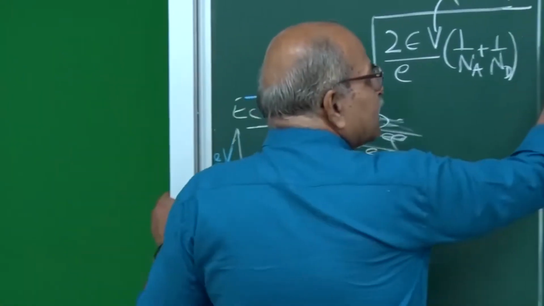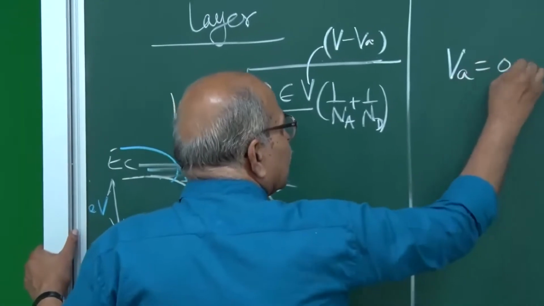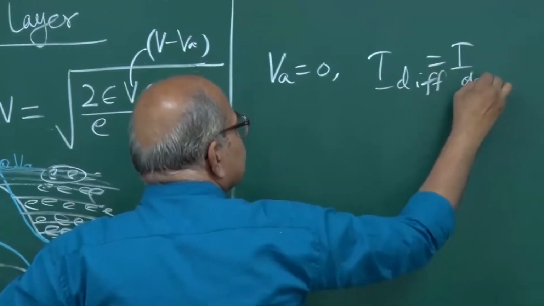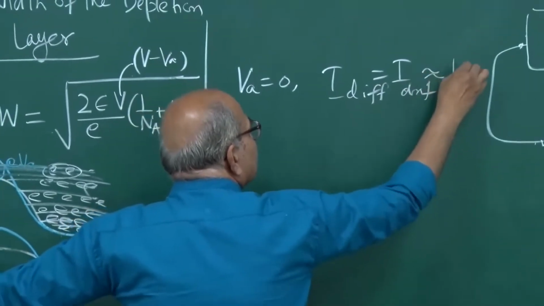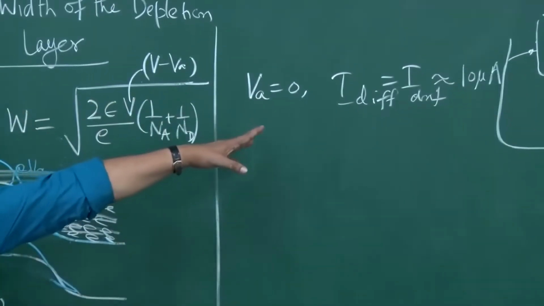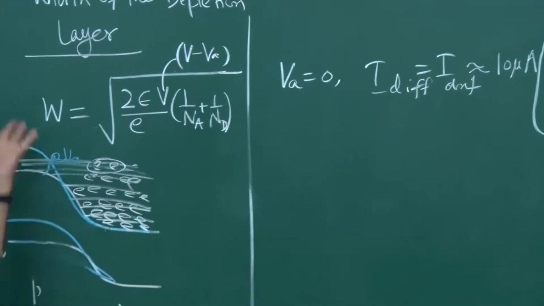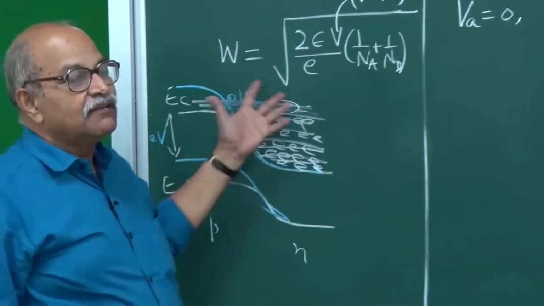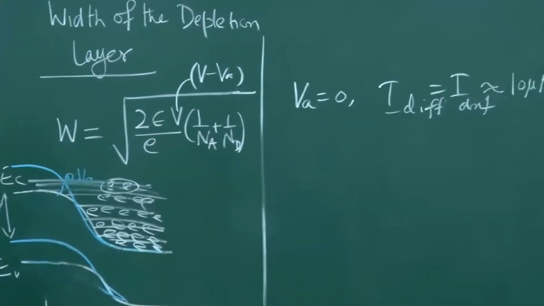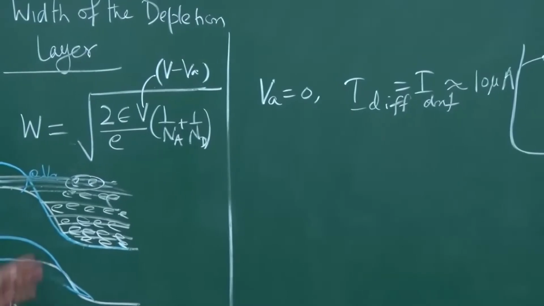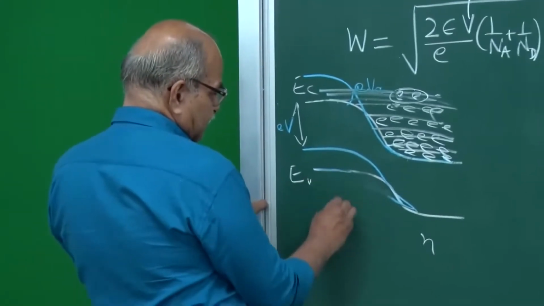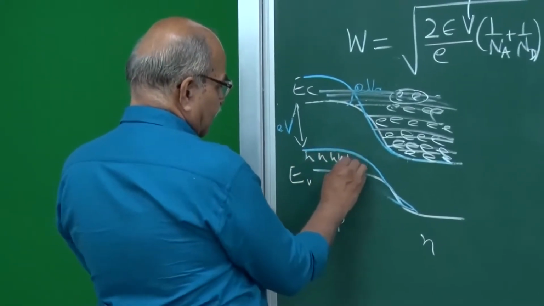Already when there was no bias, VA was 0, then I diffusion equal to I drift, and that is of the order of few microamperes. So already that diffusion current was small, and then you increase the barrier and it goes exponentially further down. So very quickly this diffusion current will decrease. Similar is the story here: the majority carriers here are holes.